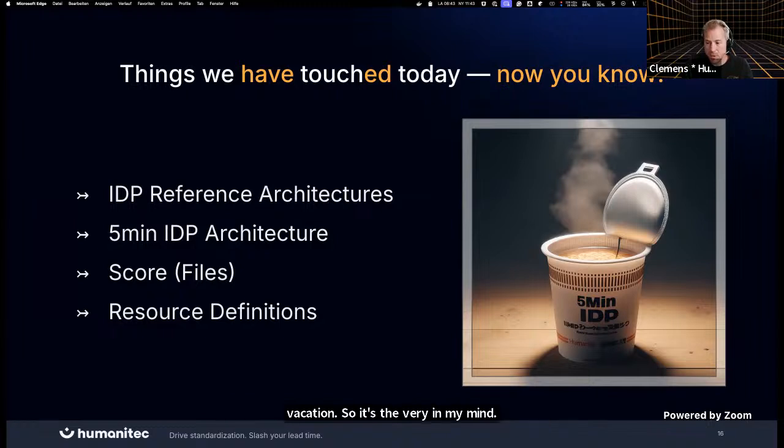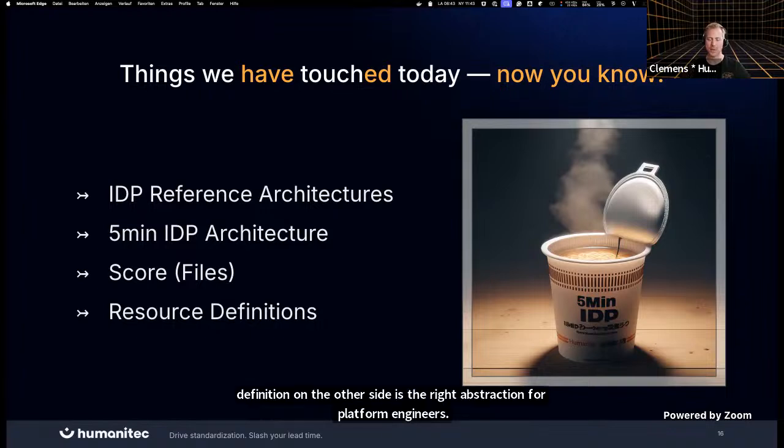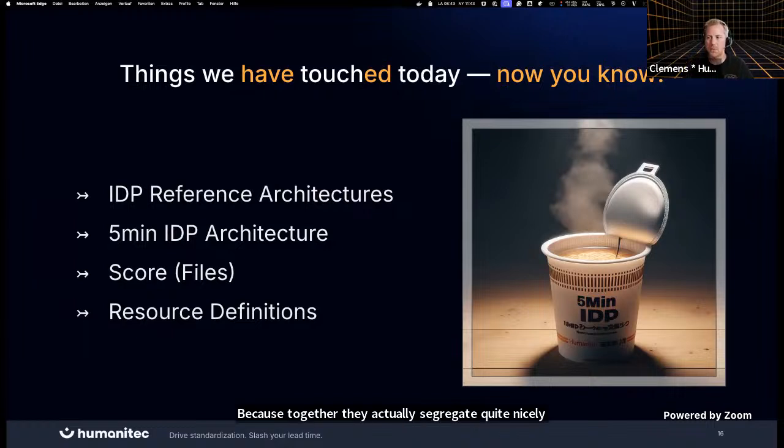And you've seen at least one resource definition and hopefully now understand why score on the one side is the right abstraction for developers and resource definition on the other side is the right abstraction for platform engineers, because together they actually segregate quite nicely where the work is happening, where the artifacts are landing in the repositories, and both of them allow to decouple the actual implementation from the specification inside of the configuration file.